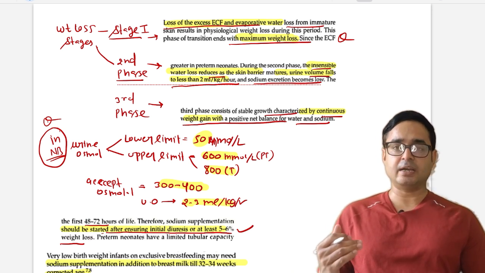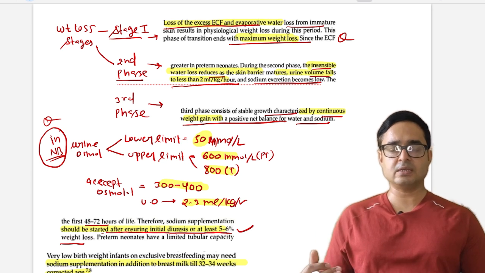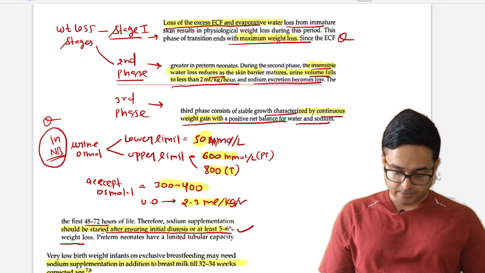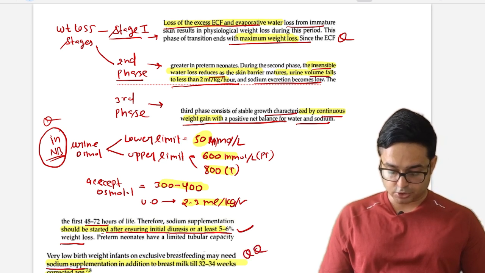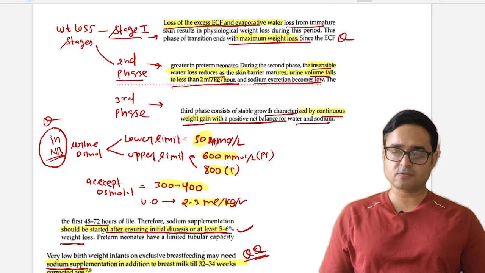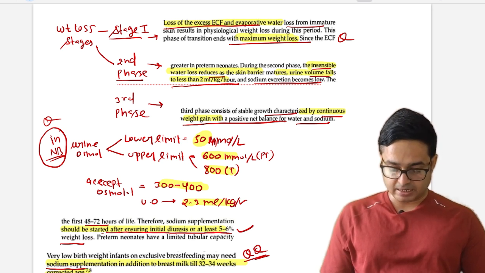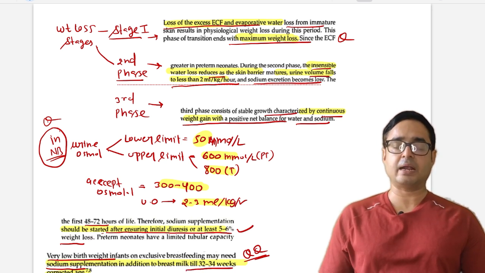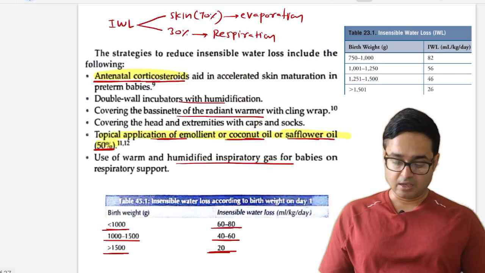Because initial diuresis or 5 to 6% weight loss should be there. Okay. Sodium supplementation, again very important potential question. Sodium supplementation along with breastfeeding might be required in very low birth weight infants till 32 to 34 weeks of corrected gestational age. Very important.